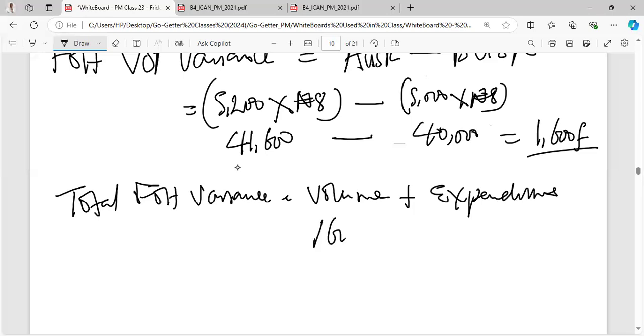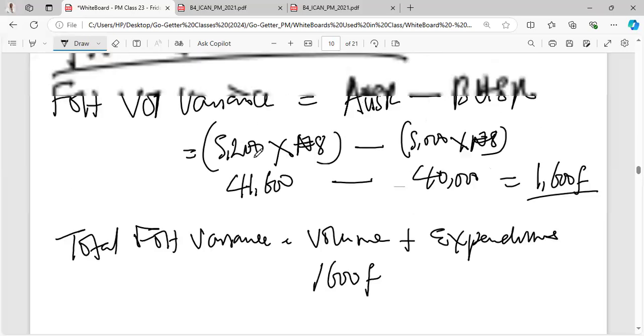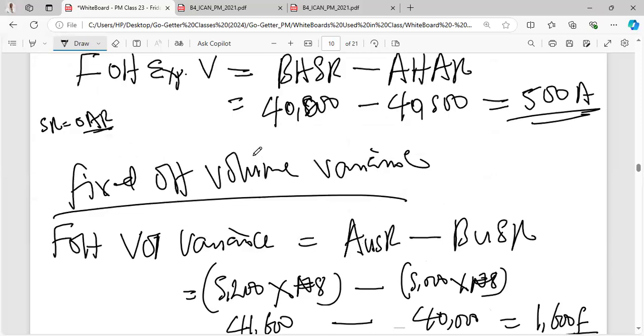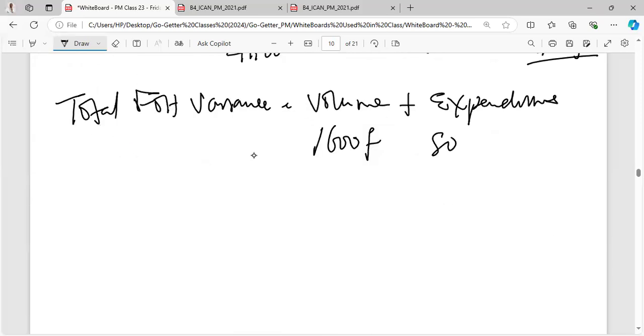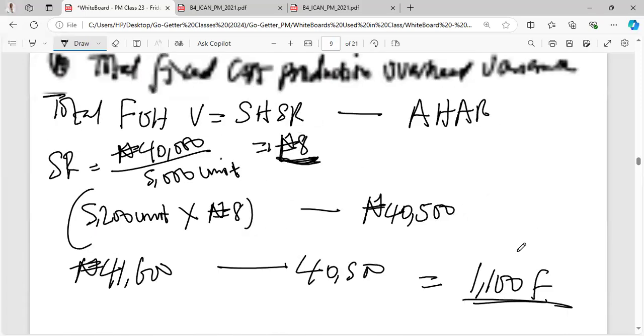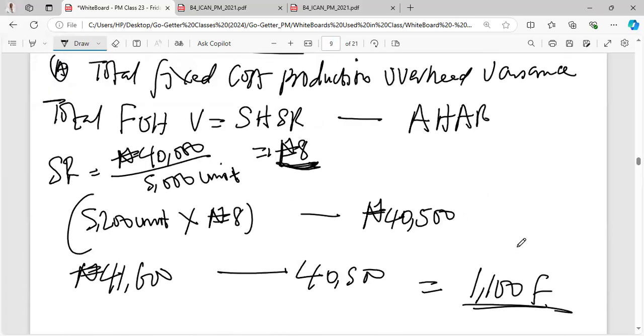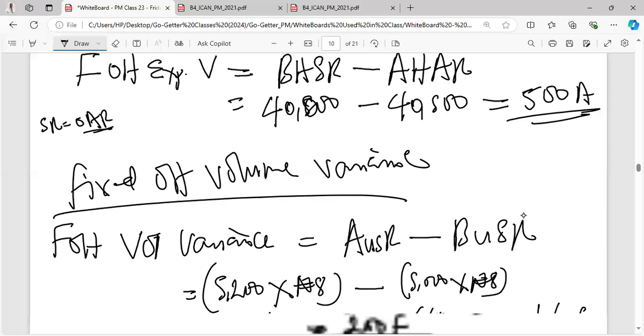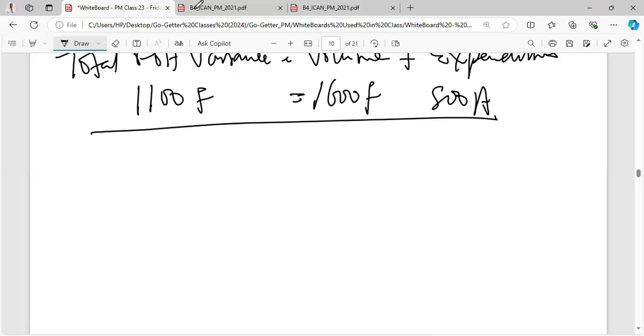Volume is 1,600 favorable, expenditure is 500 adverse. So favorable minus adverse, 1,600 minus 500, should give you 1,100 favorable. That's what we got here, 1,100 favorable. So that's for volume. We'll talk much more about that again.